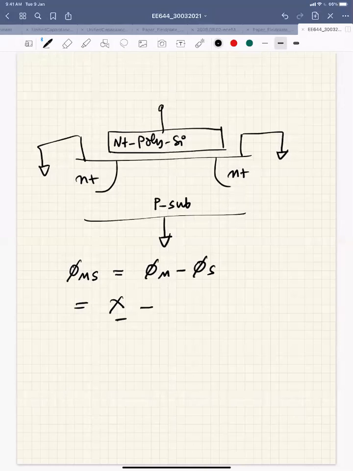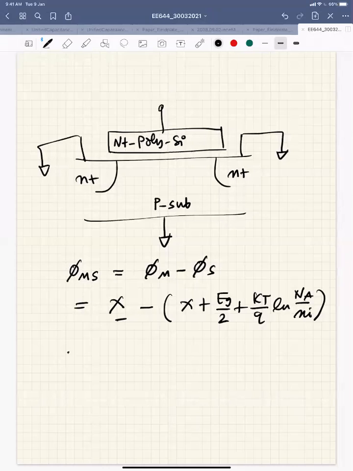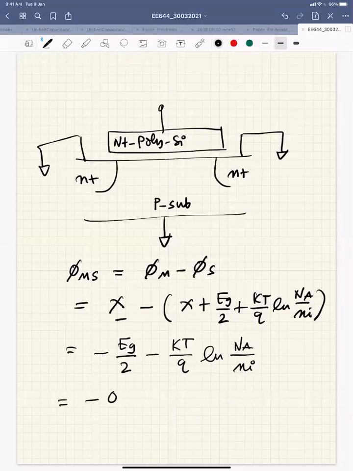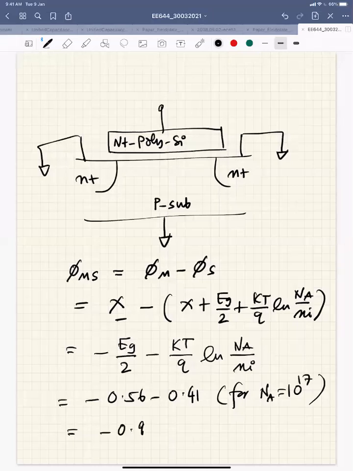And for a p-type semiconductor, phi s is electron affinity plus Eg by 2 plus kT by q ln Na by Ni. So phi ms is minus Eg by 2 minus kT by q ln Na by Ni, which is minus 0.56 minus 0.41 for Na of 10 to the 17, around minus 0.97 electron volt.